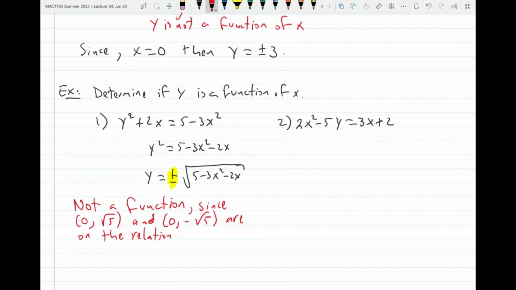Right? So 0 is related to both square root of 5 and negative square root of 5. So this is another way of saying that this is a solution to that equation. This is also a solution to this equation. Okay? Very good. Questions about number 2? Is y a function of x?